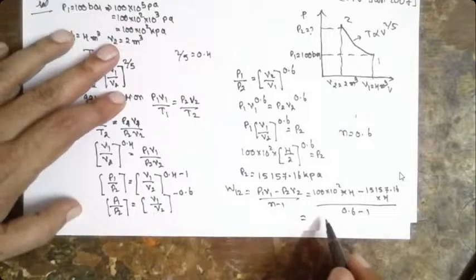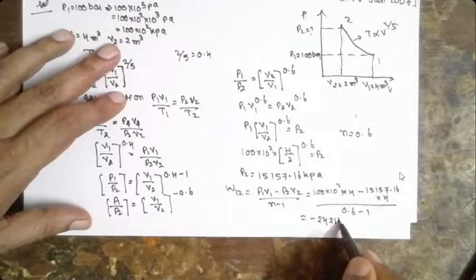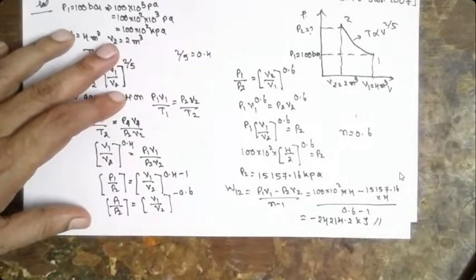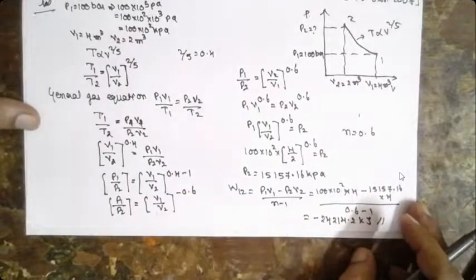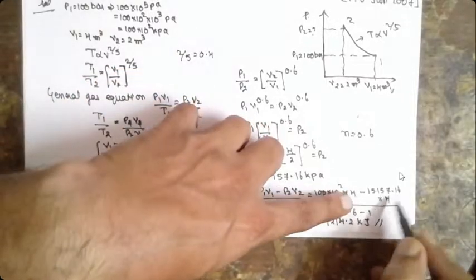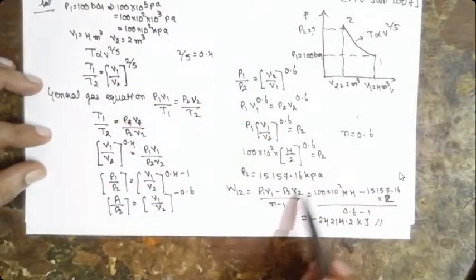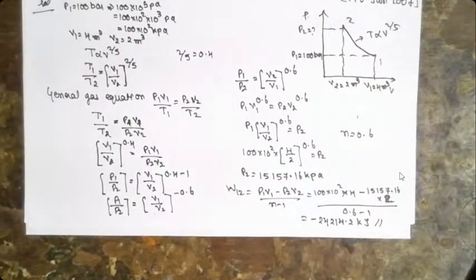If you calculate, the answer will be minus 24214.2 kilojoule. Sir, here you put 4 for V2, correct? That was a mistake, one minute. Where is V2? V2 is just 2. You will get the answer minus 24214.2 kilojoule.